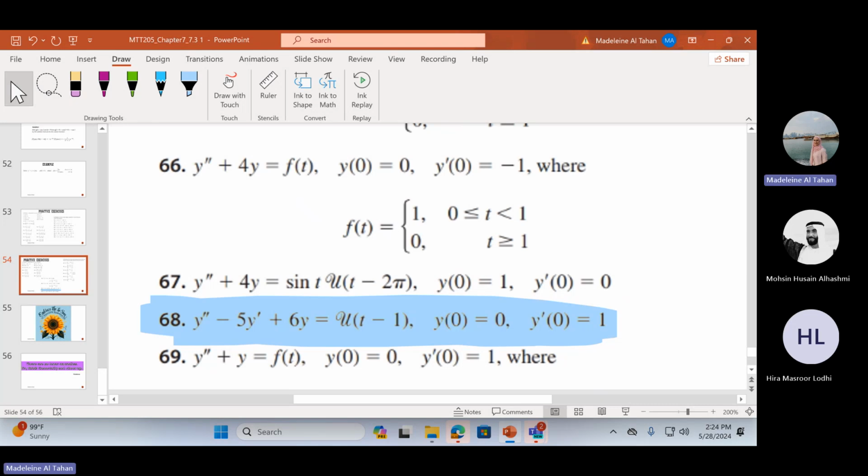We can solve that together. Go back to the material. How do we start? Laplace both sides.